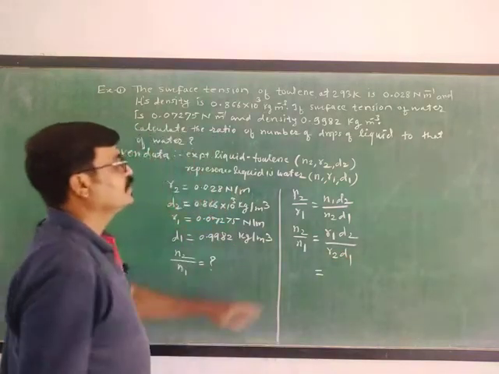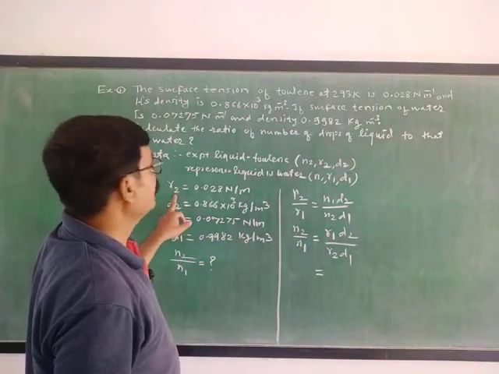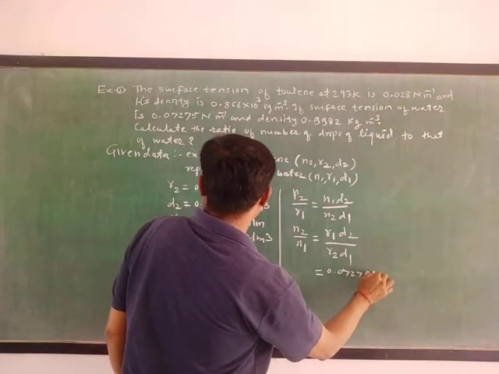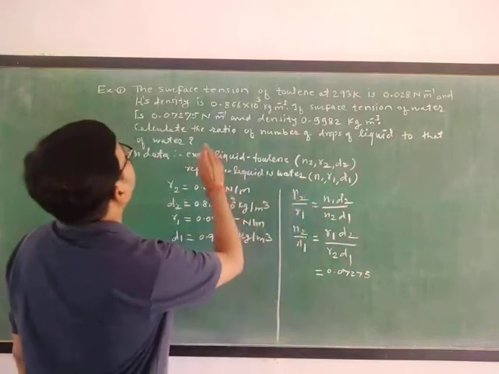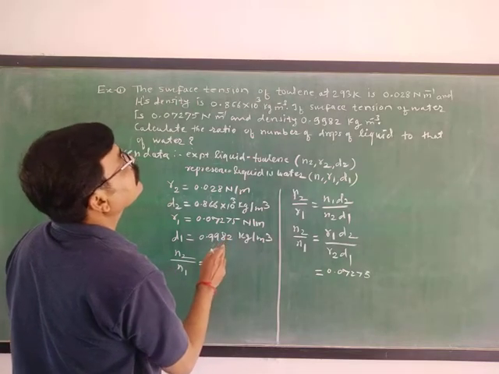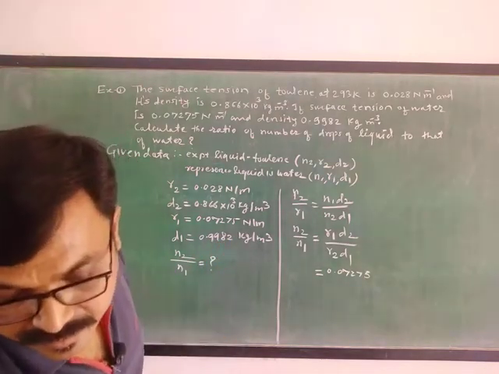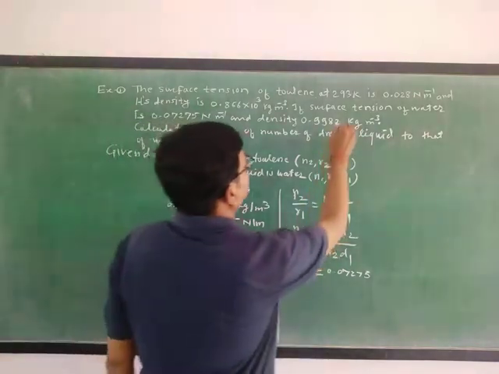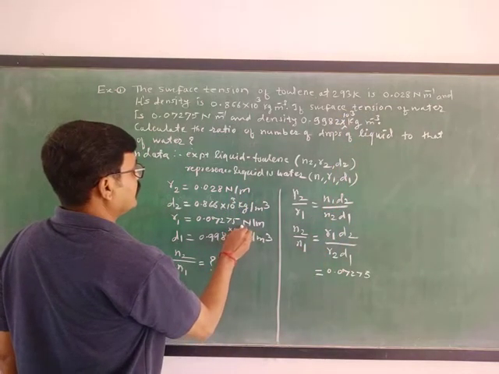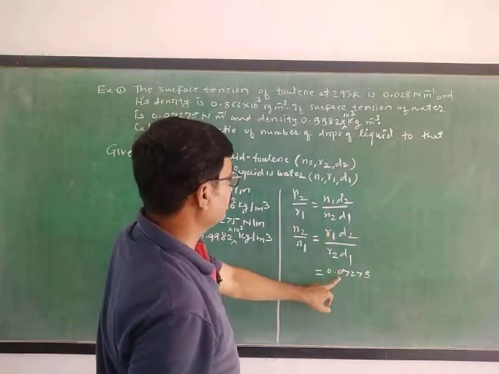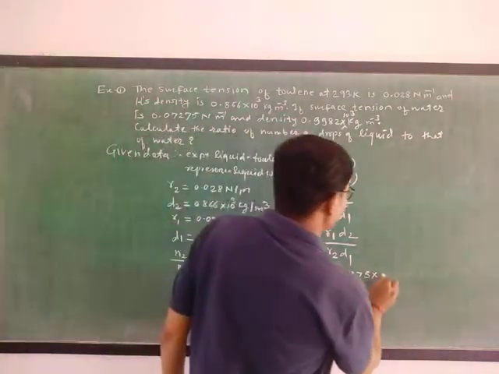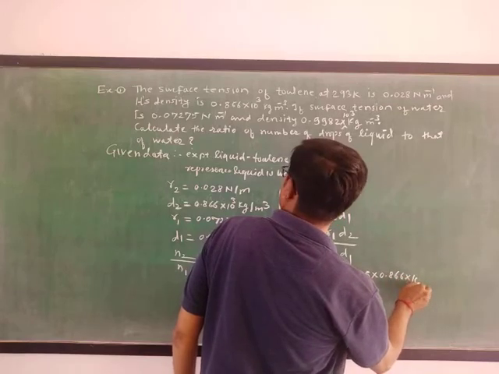Put all these four values. Now gamma 1 becomes 0.07275, multiplied by density of toluene, that is D2, 0.866 into 10 raised to power 3.